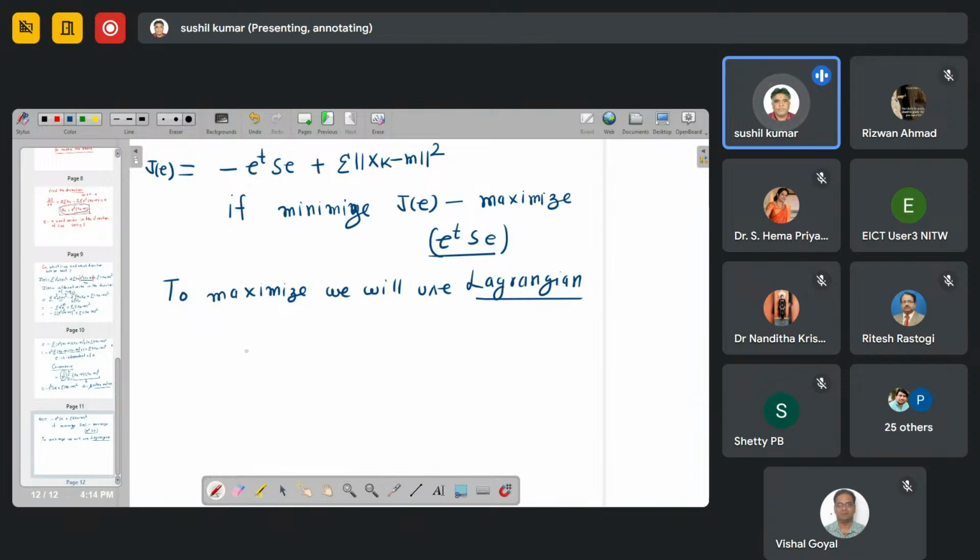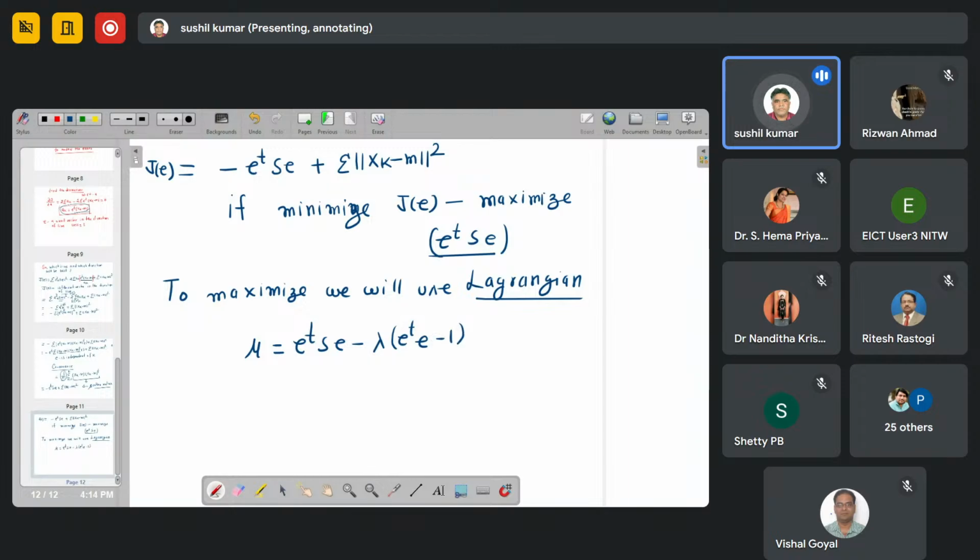It will say: E transpose S E minus lambda (E transpose E minus 1).